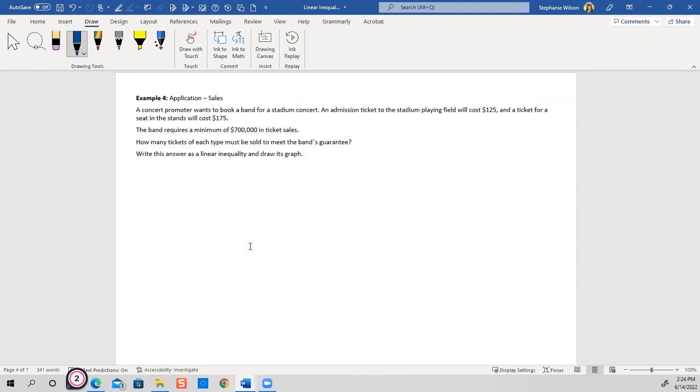So we're going to write this as a linear inequality, and we're going to draw its graph. Here we go. What we need to do is list our unknowns. I'm going to let x equal the number of tickets sold for the playing field.